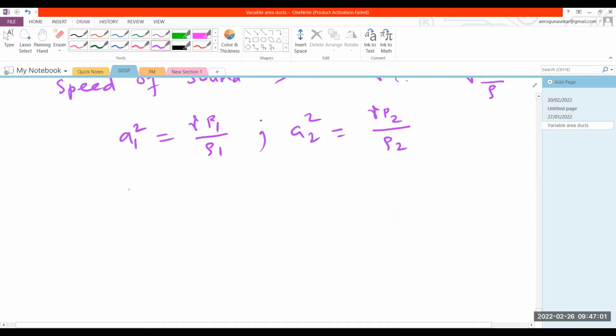Then we can write P1 by rho 1 equal to A1 square by gamma, and similarly P2 by rho 2 equal to A2 square by gamma.